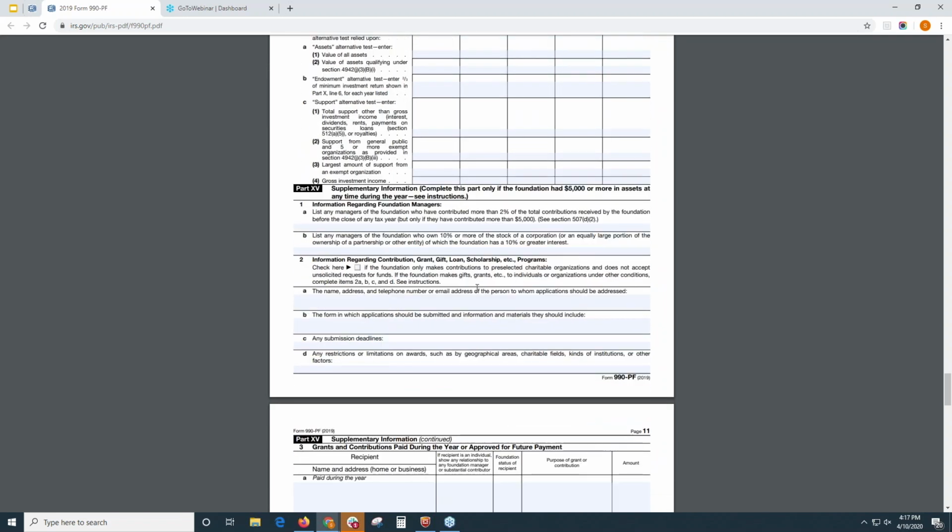And then for Part 15, we have the supplementary information. You complete this part only if the foundation had $5,000 or more in assets at any time during the year.